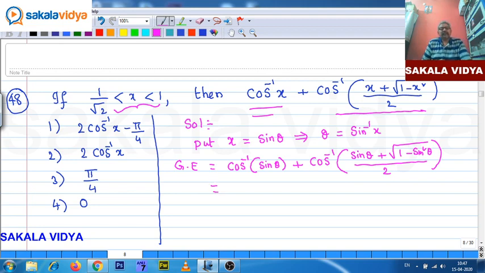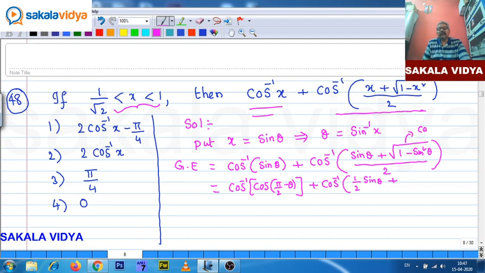So next, sine theta in terms of cos, I will write cos inverse of cos(pi/2 - theta), plus cos inverse of (1 by 2 into sine theta plus root of 1 minus sine square theta, which is cos theta).